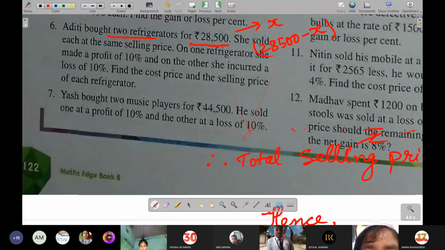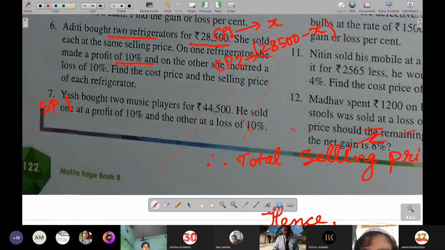That's why I had said you will assume the cost price of one refrigerator be X, and the cost price of the second refrigerator be 28,500 minus X. Then you will write according to the question. On one she is making 10% profit, so SP of the first refrigerator is equal to X plus 10% of X, because she is making profit.